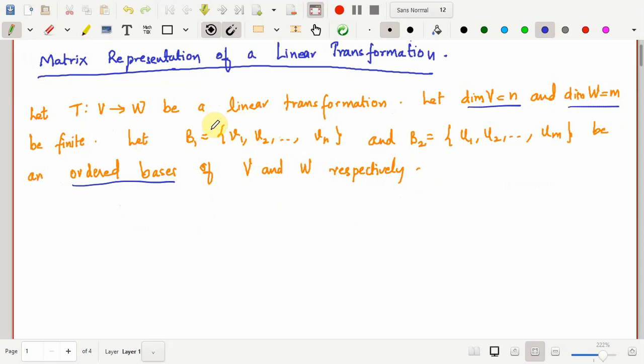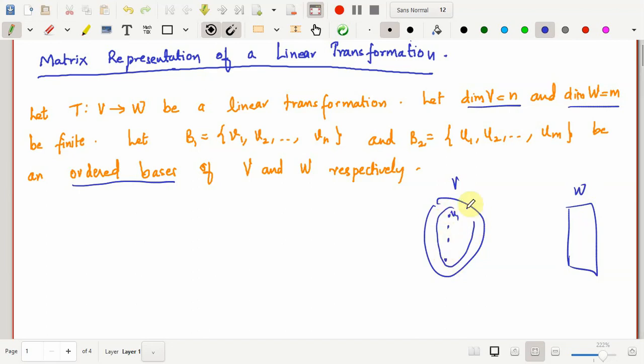Since this is a linear transformation from V to W, these are the points v1, v2 in V, that is, B1 is a subset of V. The image points of B1 will definitely lie in W, say T of v1 will be somewhere here.